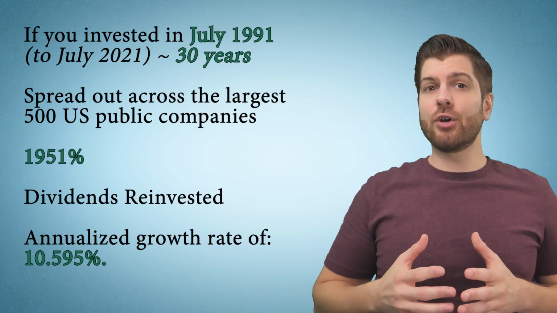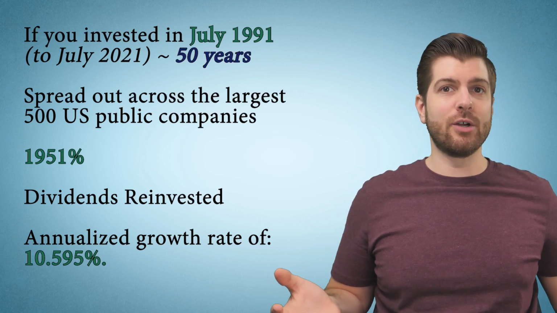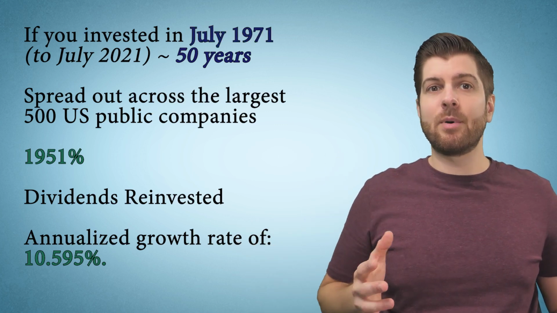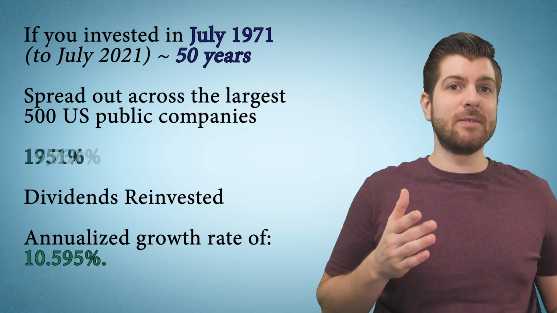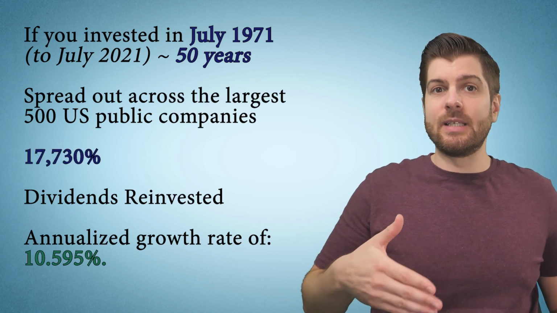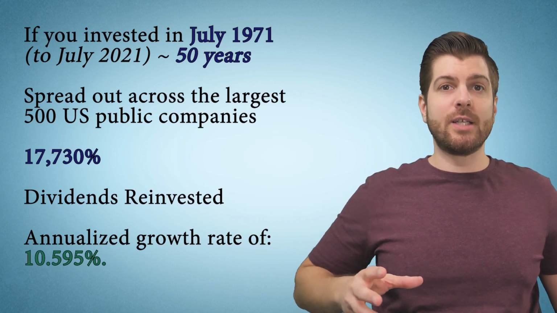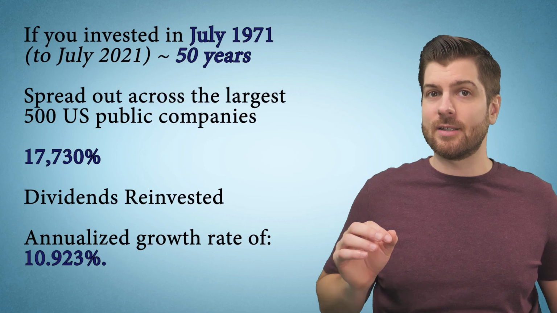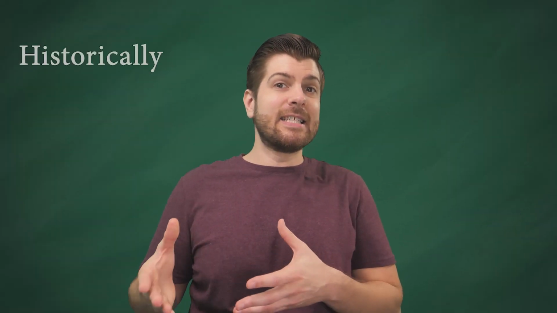If we go back further and we look at the past 50 years, so if you invested in July of 1971, your invested capital would have grown by a total of 17,730%. And again, this is assuming dividends being reinvested. And this equates to an annualized growth rate of 10.923%.